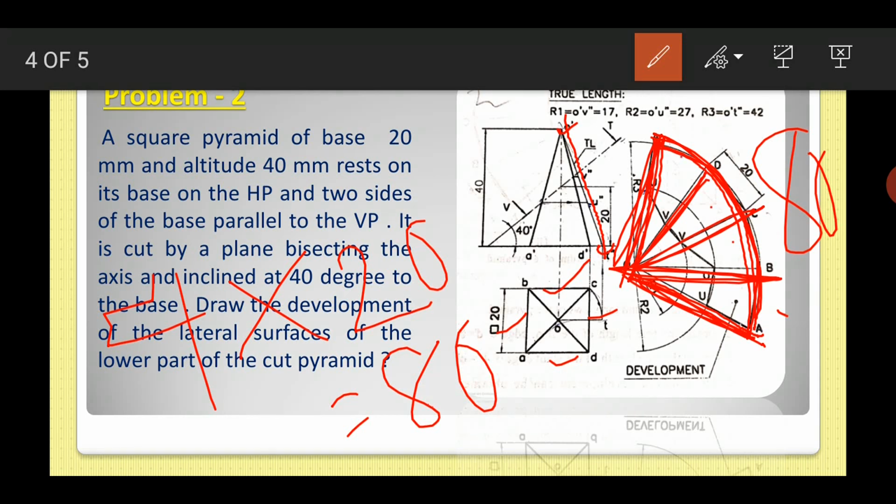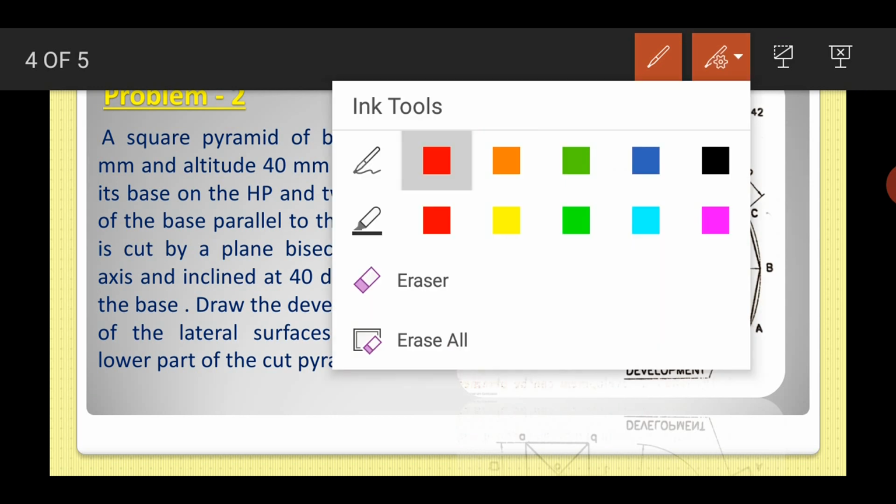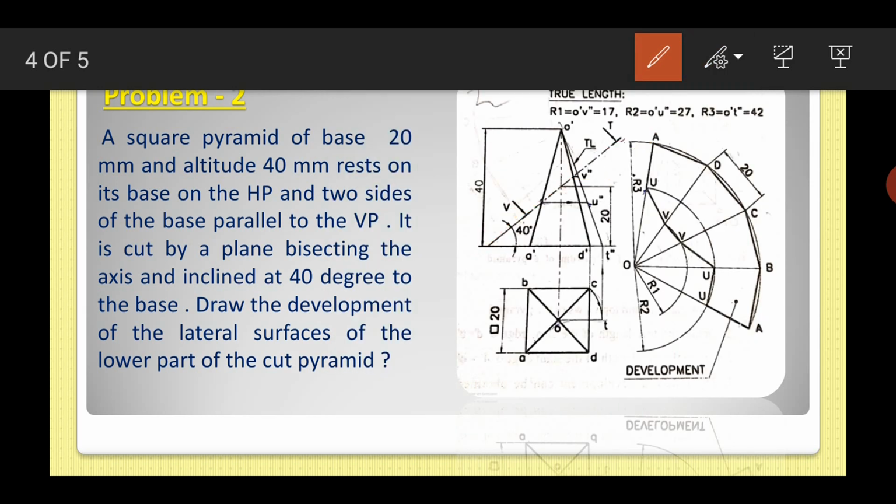So for the 20s you have to draw it. This arc length will be the true length actually. Clear? So here more precisely we are going to name it R1, R2 and R3. We have already drawn a cutting plane here.